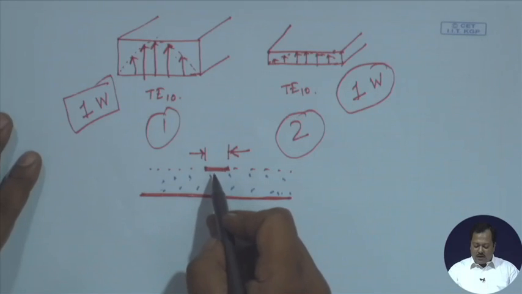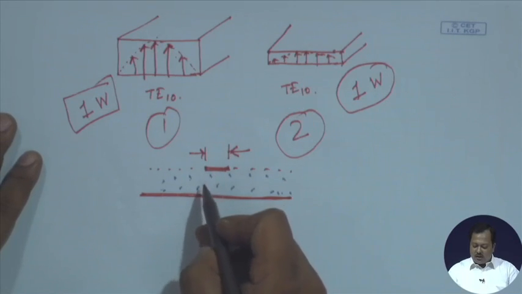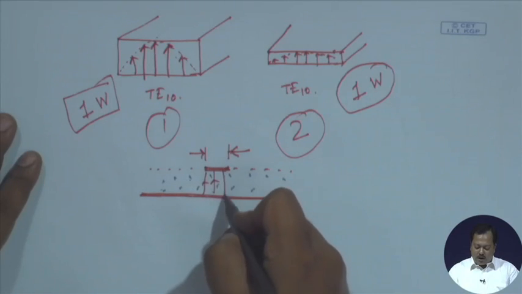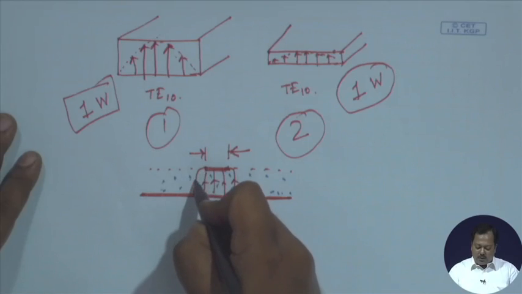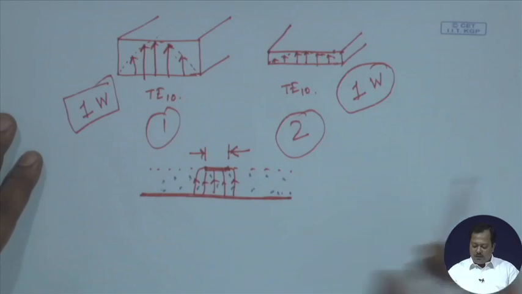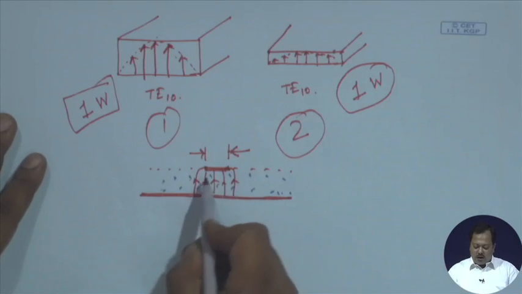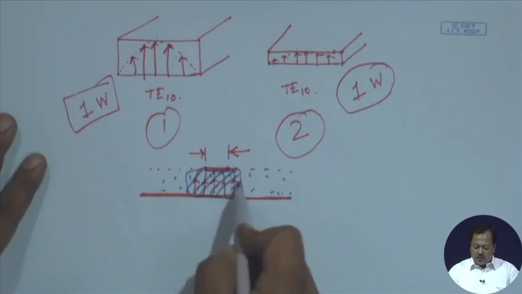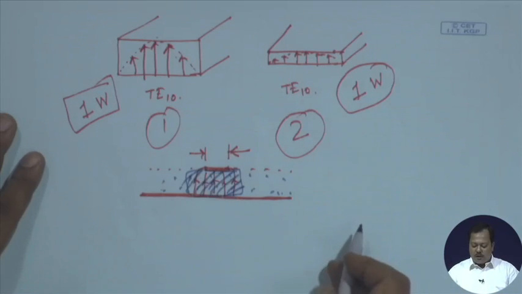So, the electromagnetic energy mainly lies just below the strip, and if I draw the electric field, it looks like this. Inside the dielectric, I am using only a small area for energy propagation.